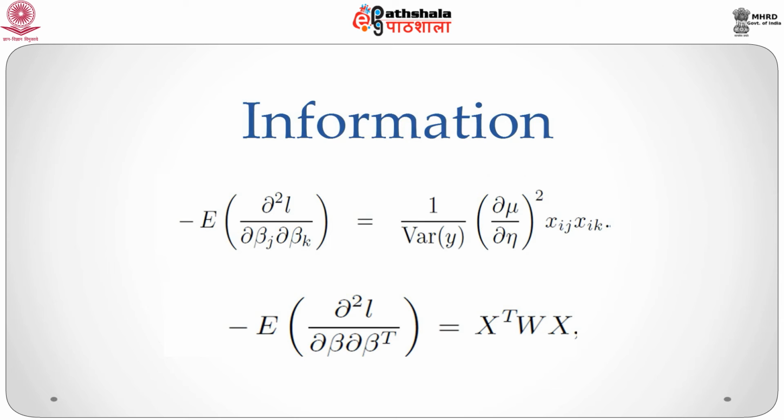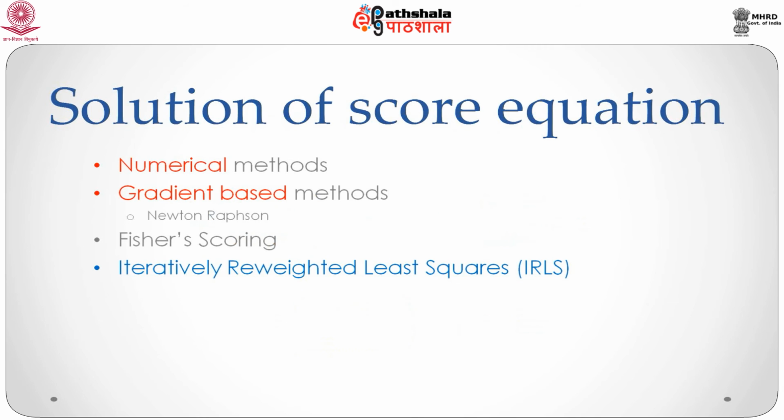The information matrix simplifies as minus the expectation of del square L del beta j del beta k equal to 1 over variance of y (d mu d eta) whole square xij xik for one single observation, and for the entire data set it can be expressed as minus the expectation of del square L del beta del beta prime equal to X prime W X. The form of A and the form of W are things we will discuss later in the modules on IRLS, but I also leave it to you as an exercise to derive.